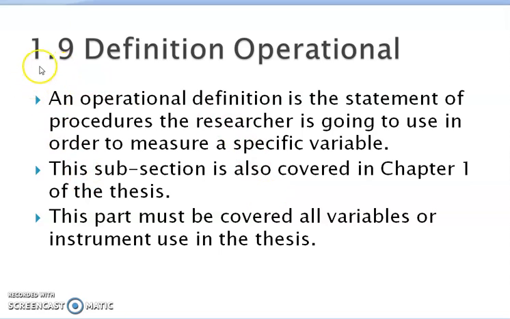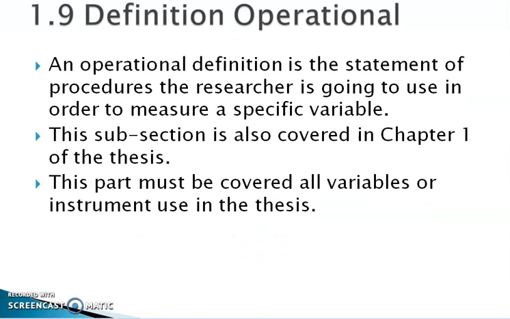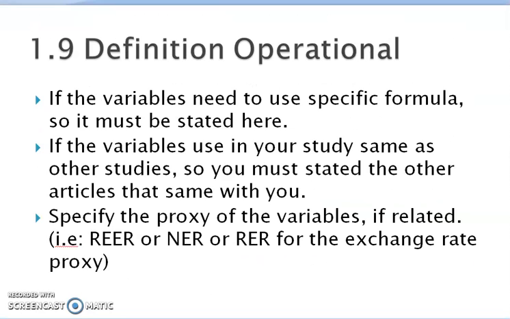Okay, now let's continue with 1.9, that is operational definition. An operational definition is a statement of the procedure that the researcher is going to use in order to measure a specific variable. This subsection is also covered in chapter 1 of the thesis. This part must cover all variables or instruments used in the thesis. If a variable needs to use a specific formula, it must be stated here.